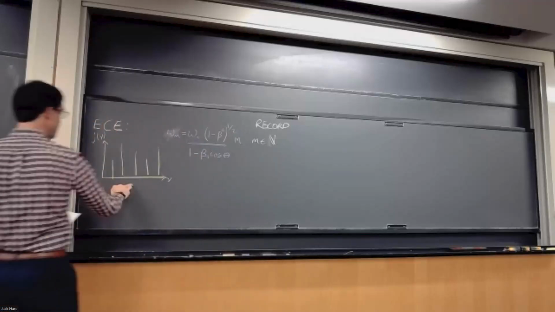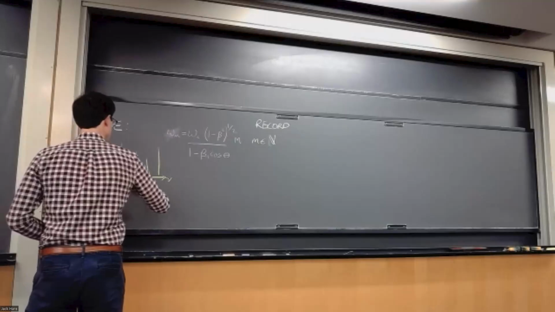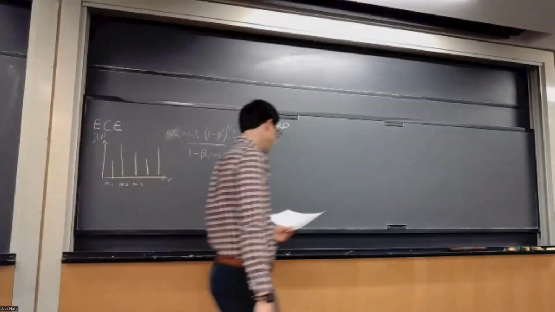And so we have these peaks here, and we can say, this is m equals 1, m equals 2, m equals 3, and they're evenly spaced. And this is just for a single particle.